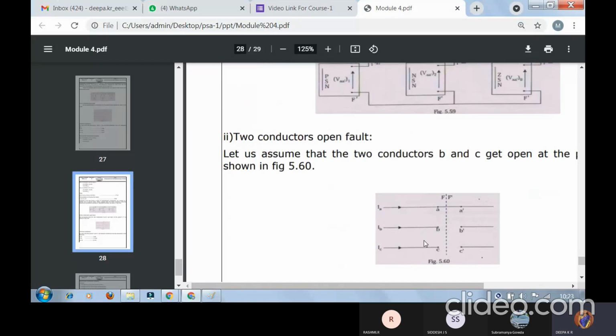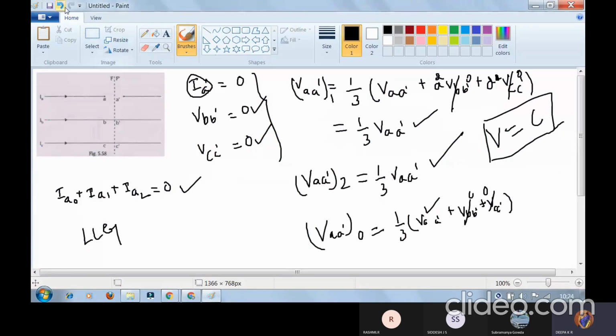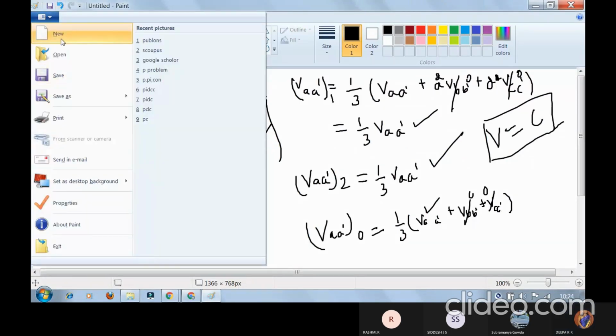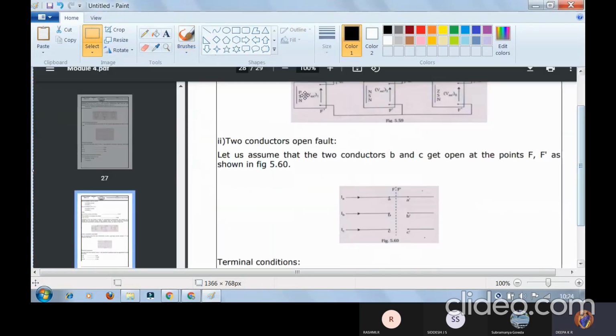So B and C are opened. Let's find the relationship with respect to voltage as well as with respect to current. So we want the double conductor open system.